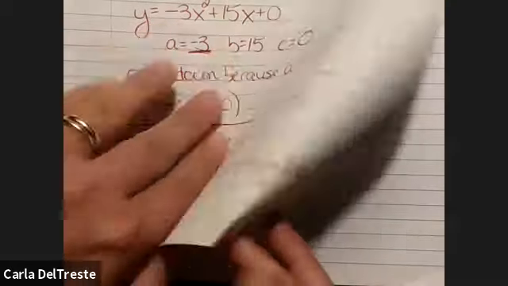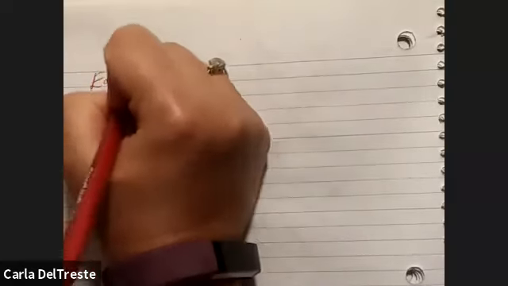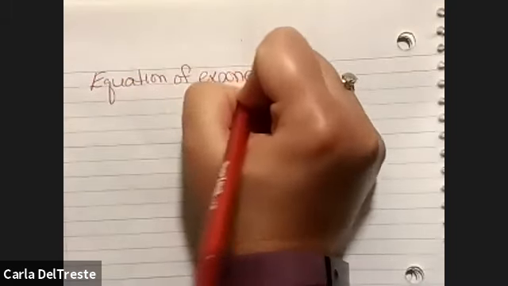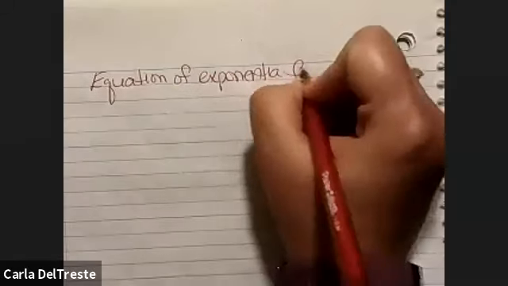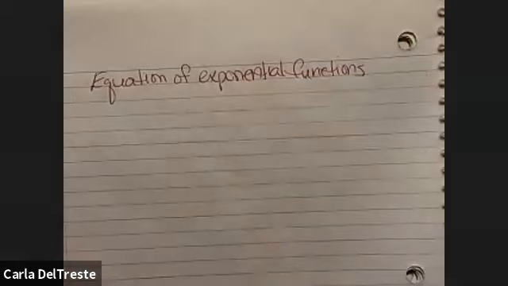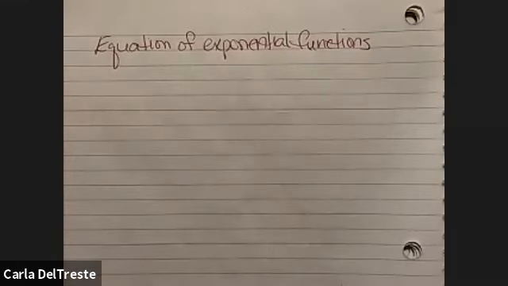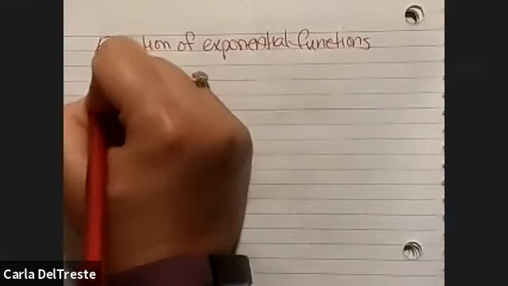Moving on to our last type of function that we explore in this course, we're now going to talk about the equation of exponential functions. Just like we did for the previous two, first let's talk about the key features.